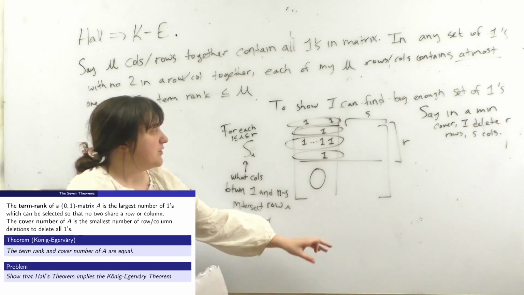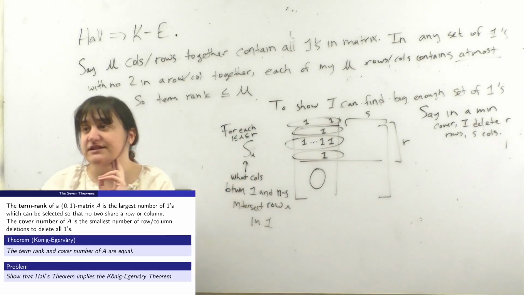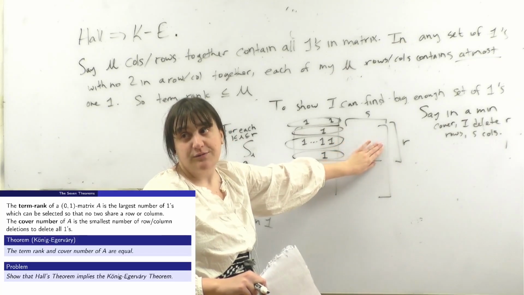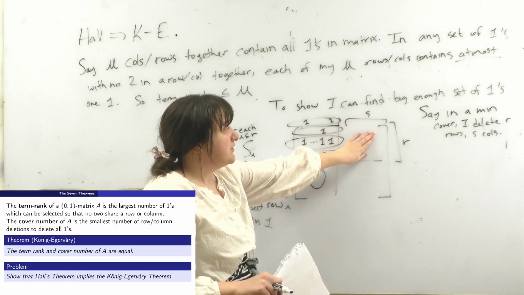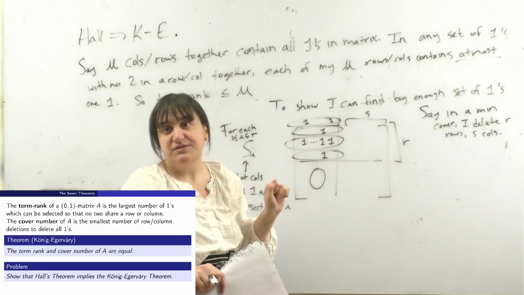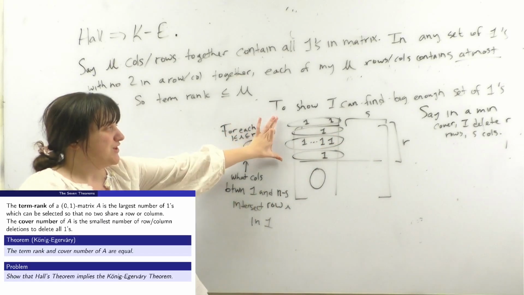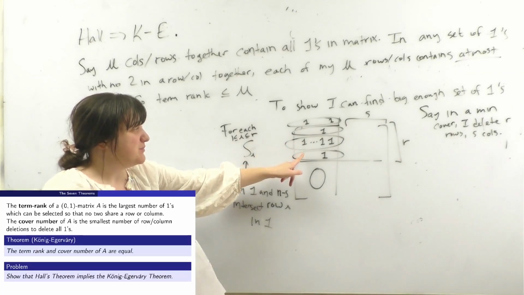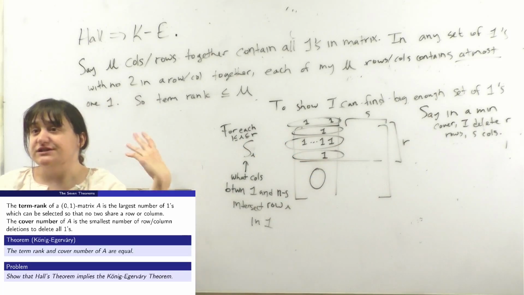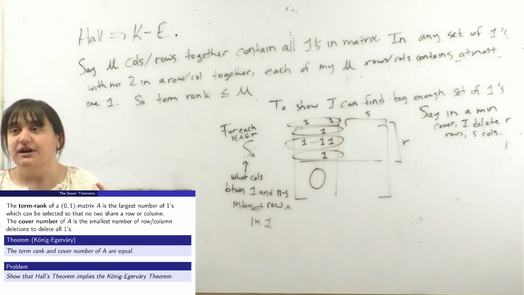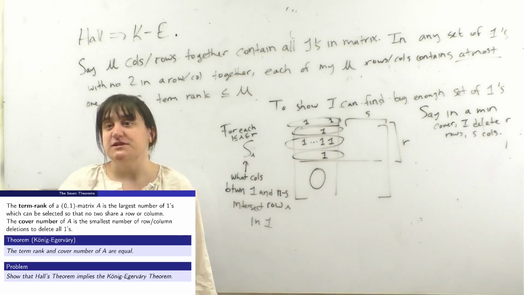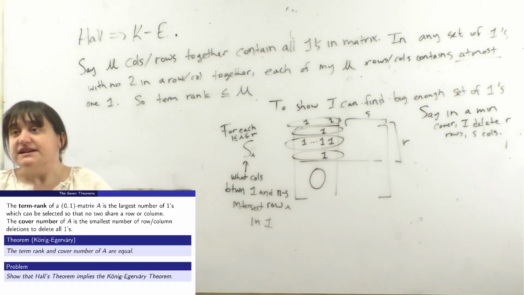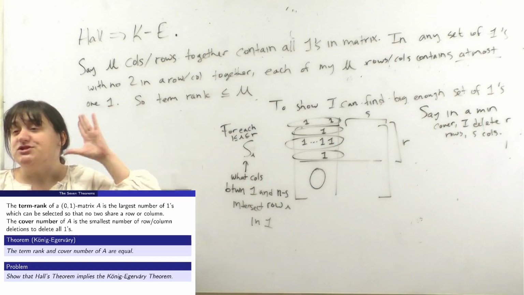But here, what are these 4 rows that I selected doing for me? They could cover many ones over here on the right, but all of the stuff on the right is also covered by these S columns. If these 4 rows are really only covering ones that appear in 3 columns here, I could delete those 4 rows from my cover and add 3 columns to my cover and make a strictly smaller cover. So for that reason, that doesn't happen because I have some minimal object that I'm looking at here.